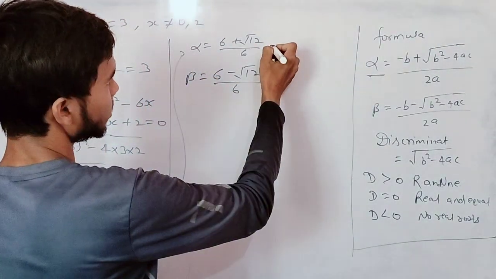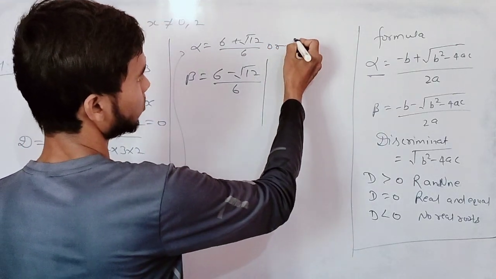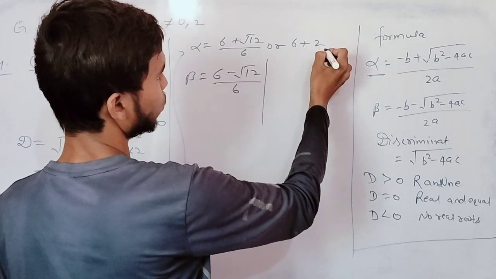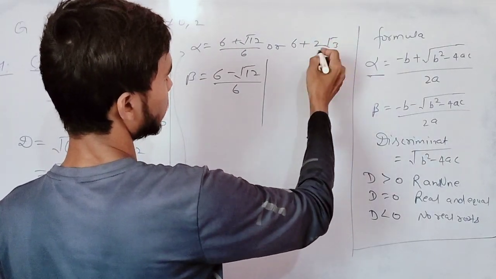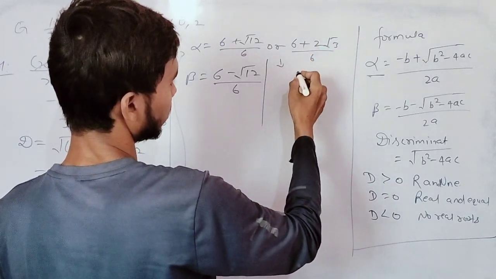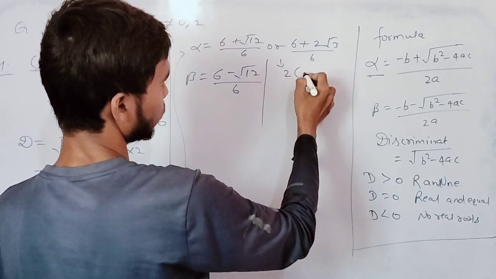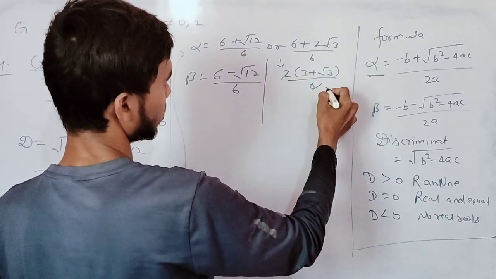You can write this like that. 6 plus 2 root of 3, since 4 3 is 12, upon 6. Now you can take 2 common. 2 3 is 6, upon 6.